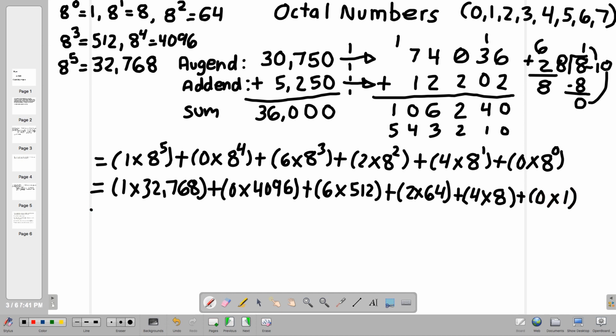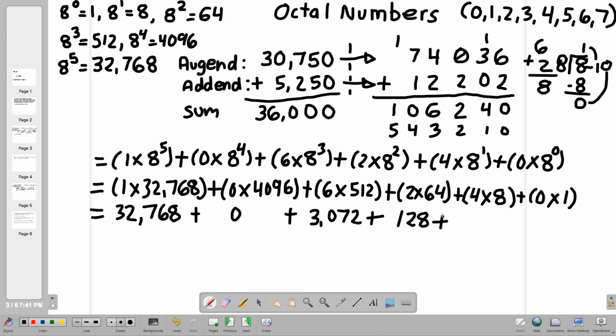And so this comes out to be 32,768 plus 0. And then we have 512 times 6 equals 3,072. And then we have 2 times 64, which is the value 128. And then we have 4 times 8, which is 32.